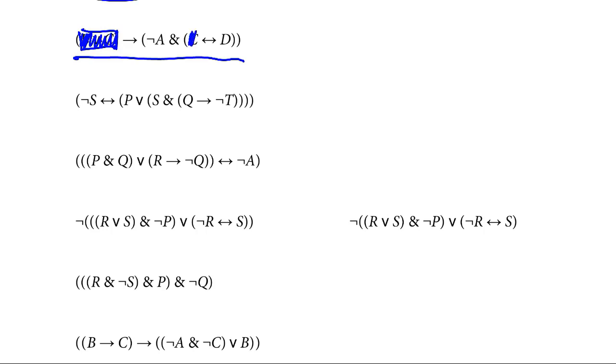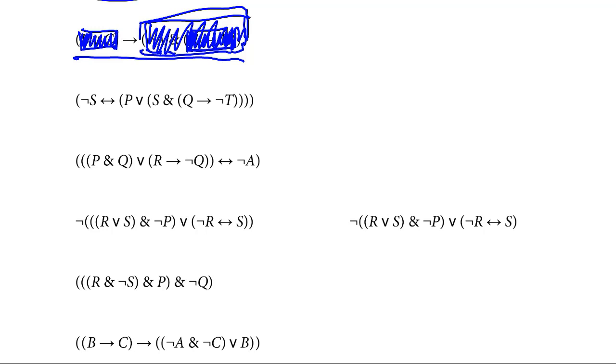Over here we've got C if and only if D inside parentheses, so that's a unit. And then if we're looking at this, it's saying not A and this unit here. But since this is not the full sentence, this conjunction is itself just another chunk that we want to identify as a chunk and then set aside to figure out the main connective.